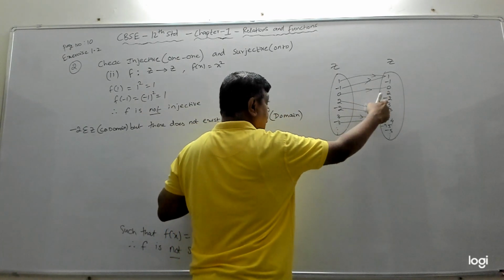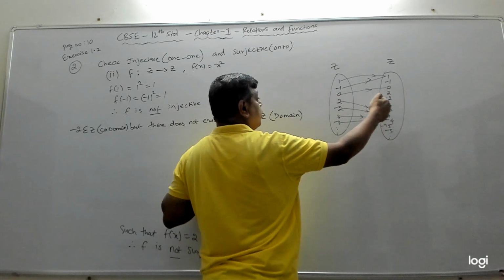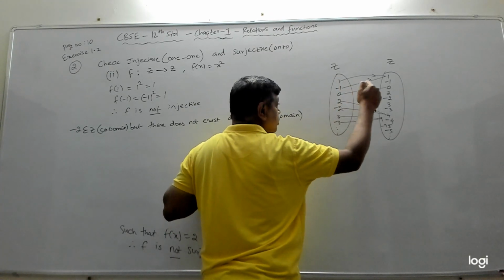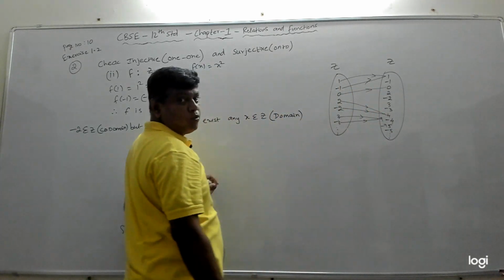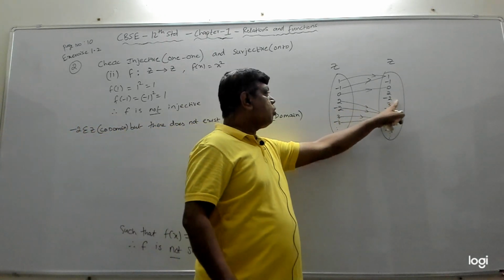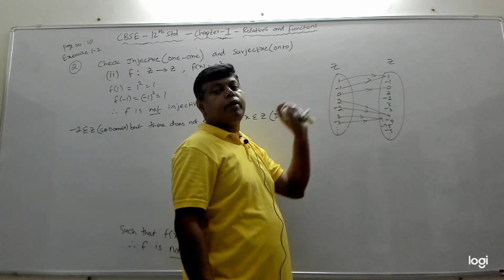For an element in the codomain, we are unable to find an element in the domain such that f of the element in the domain is equal to the element we took from the codomain. For minus 2 in the codomain, we are not able to find any x in this domain such that f of x is equal to minus 2.